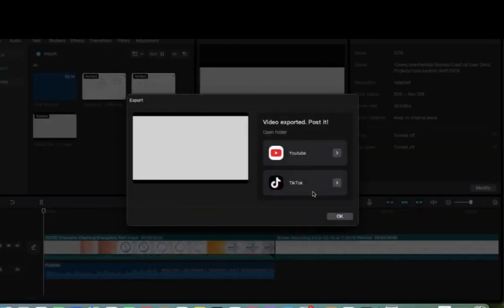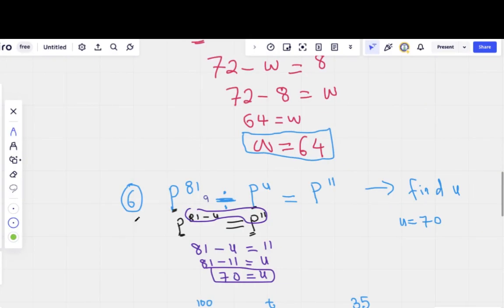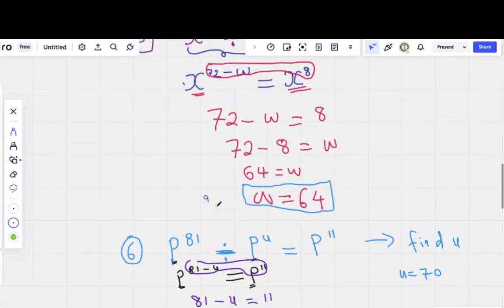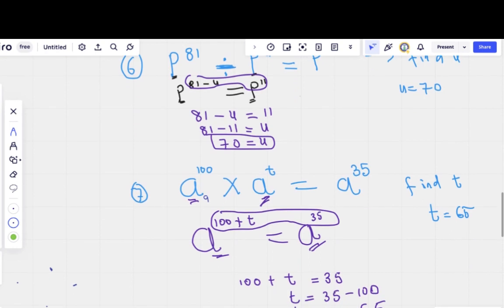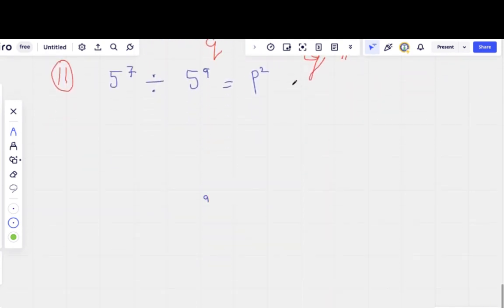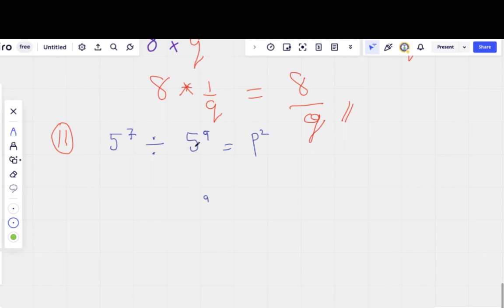You remember? Look at this one: x to the power of 7 divided by x to the power of w equals x to the power of 8. All x, x, x. But this particular question is different. Yes, these two are the same, but the p is not 5. Do you get it now? Do you understand? Yes.